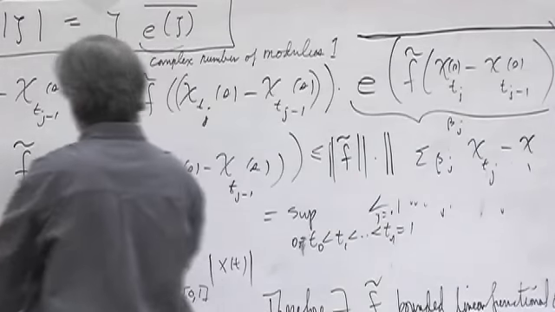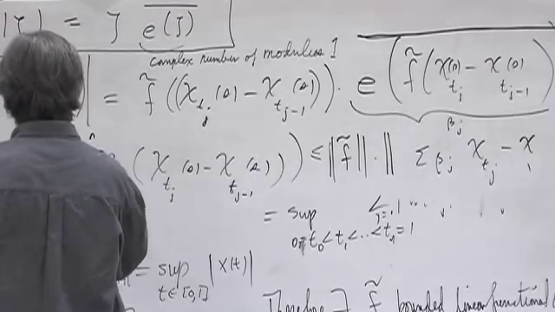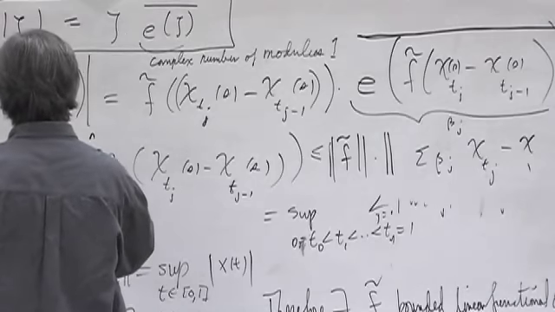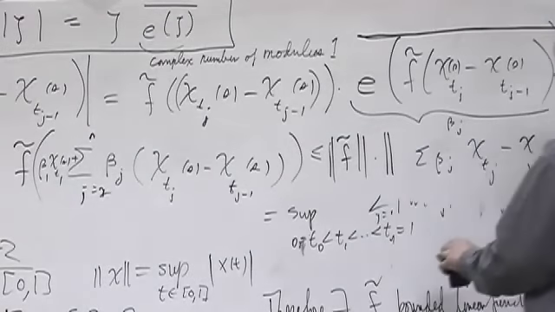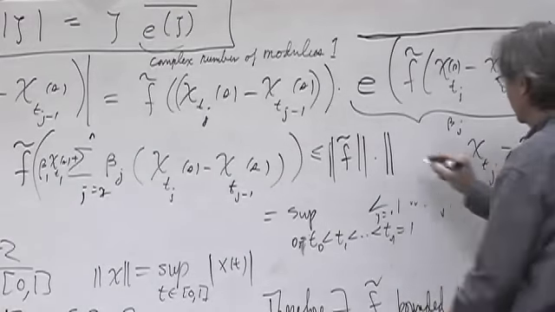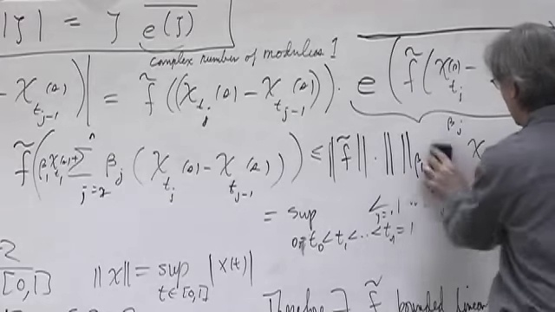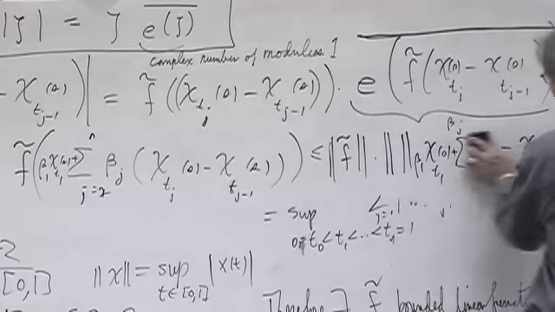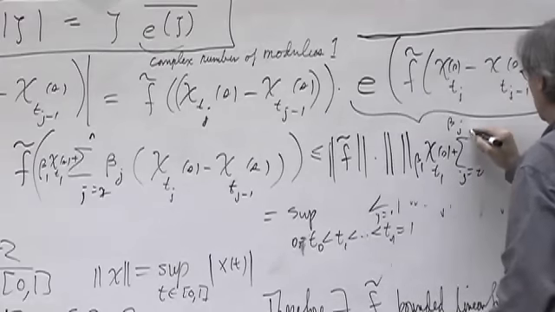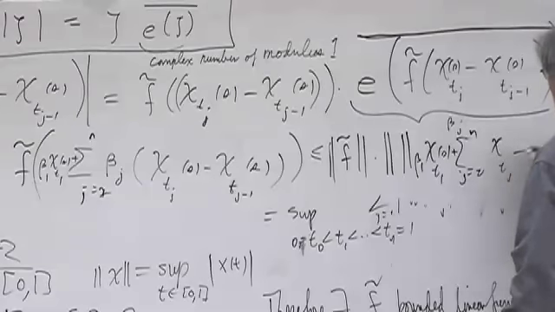All right, I'll put it in there if you want. Beta 1 chi t1 of S, plus this, times the norm of this business, plus summation j goes from 2 to n chi tj minus chi tj minus 1 of S.